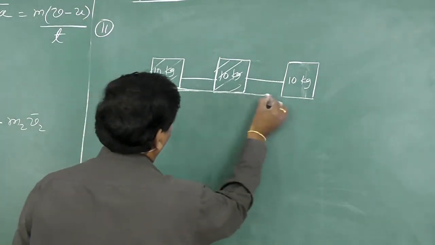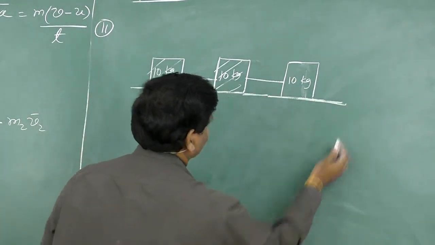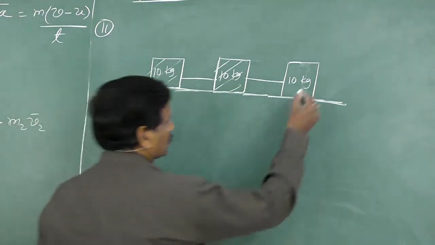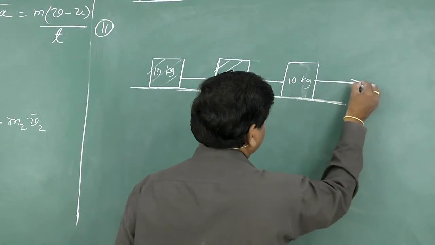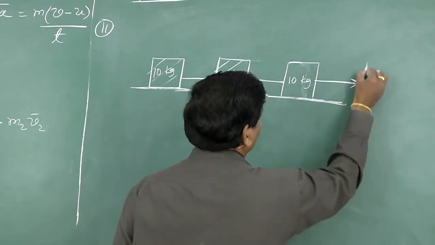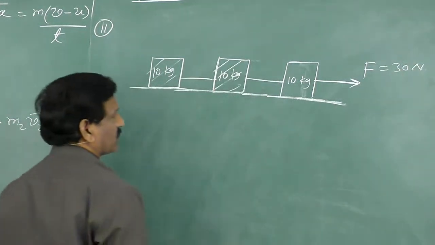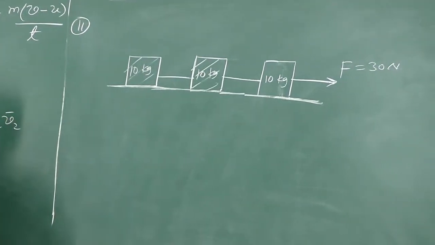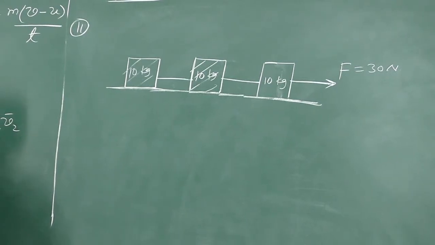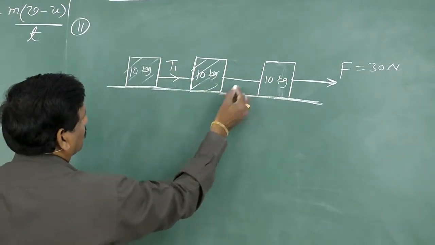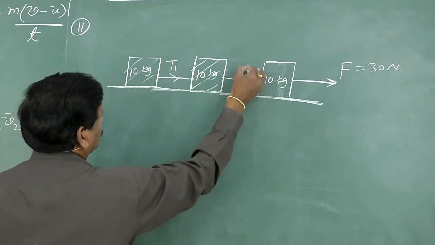So they are on the horizontal frictionless surface. There is no friction. And this last one is pulled by a force of 30 Newton. So here this is tension T1 and this is T2.